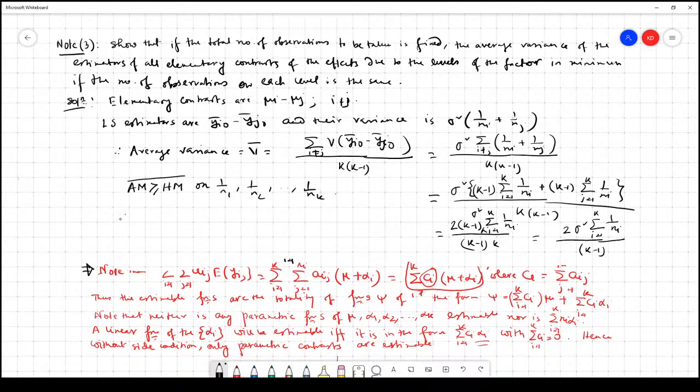So therefore this bar, this is equal to, get this value.